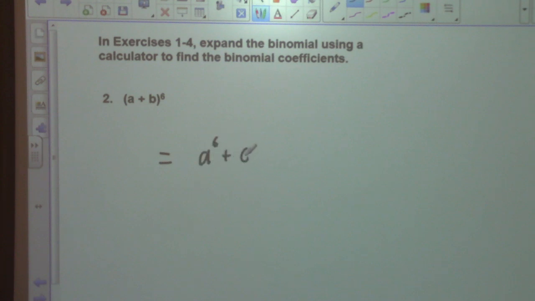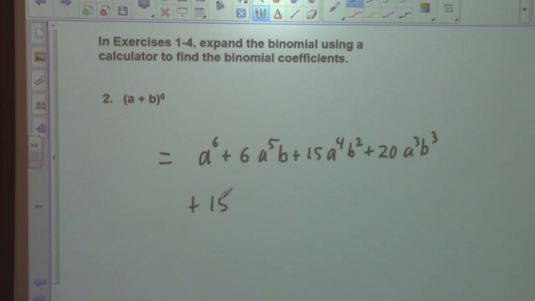Plus 6 a to the 5th b, plus 15 a to the 4th b squared, plus 20 a cubed b cubed, plus 15 a squared b to the 4th power, plus 6 a b to the 5th power, plus b to the 6th power.